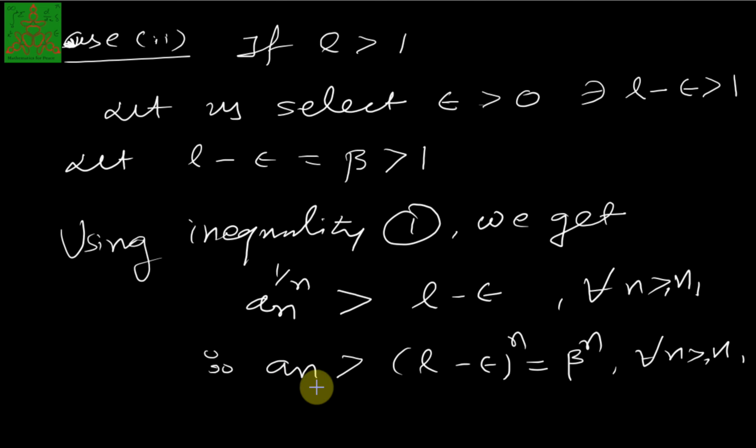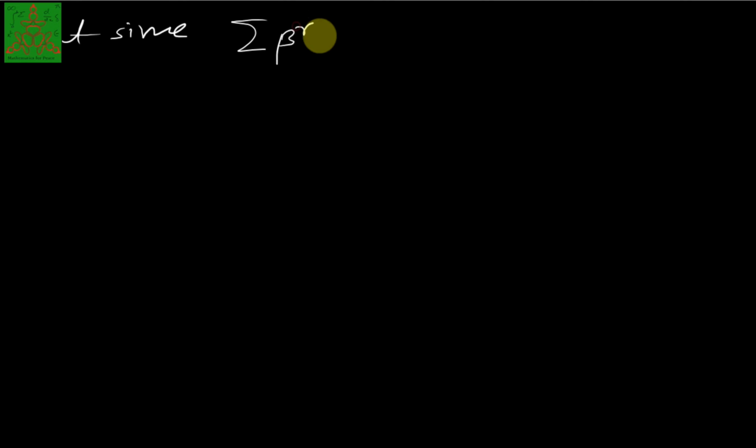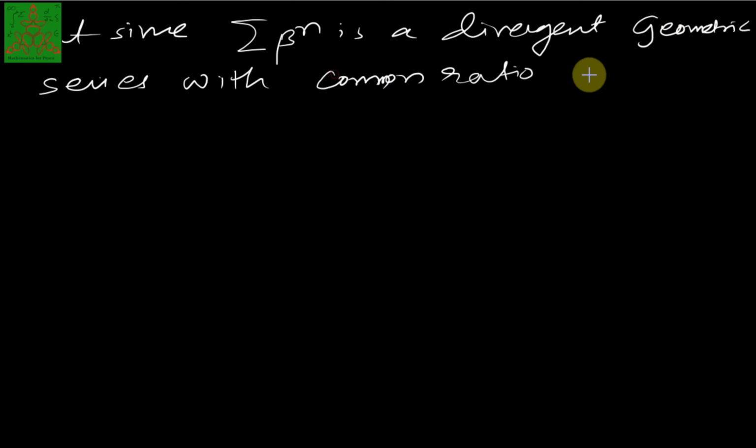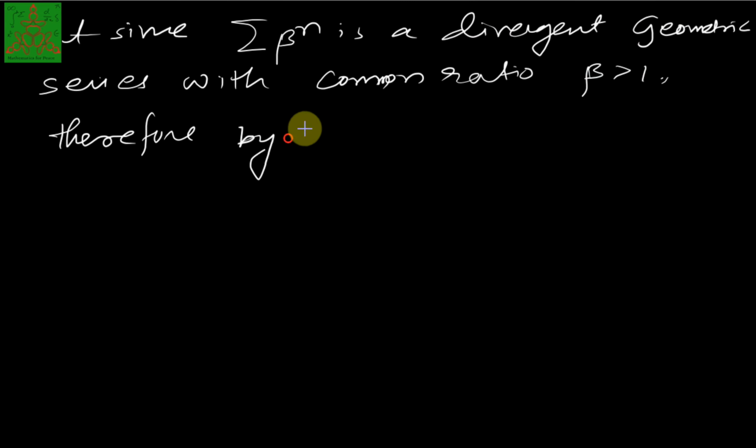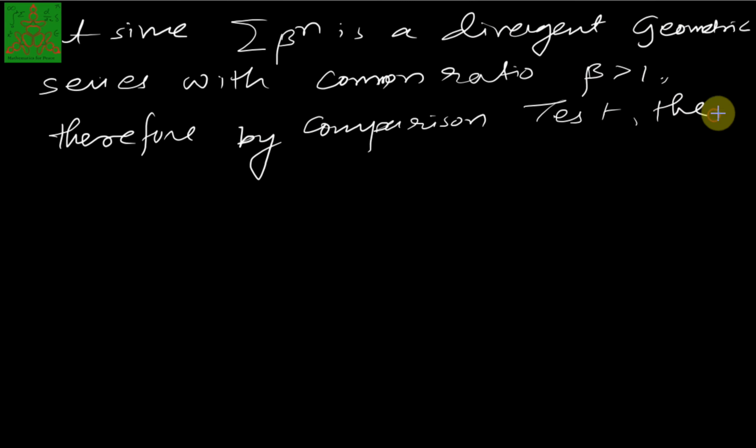Since the summation of beta power n is a divergent geometric series with common ratio beta greater than 1, therefore by comparison test the series summation an is divergent.